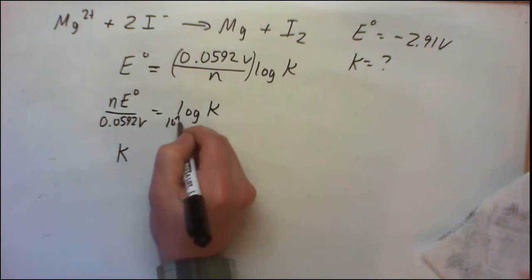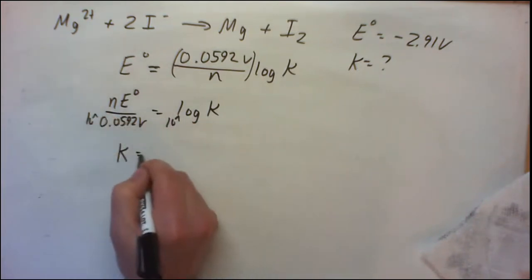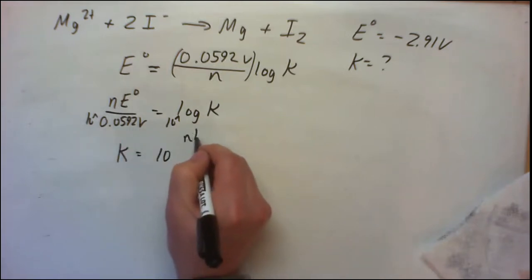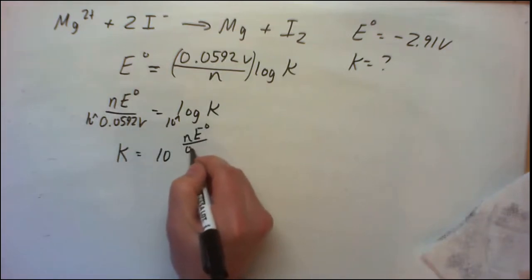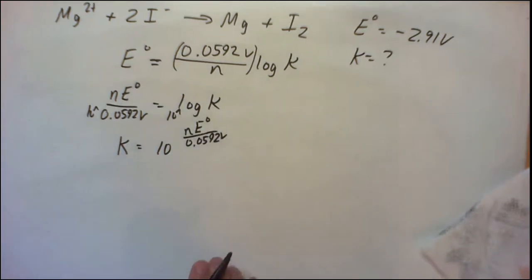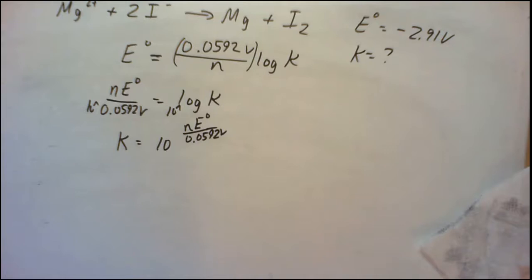In other words, raise both sides to 10. So we have K is equal to 10 to the n times E divided by 0.0592 volts. That's our equation that allows us to directly calculate K if we know what E is.